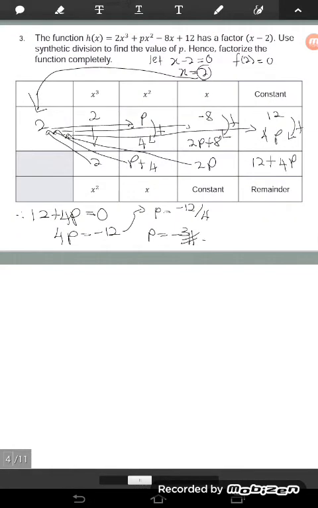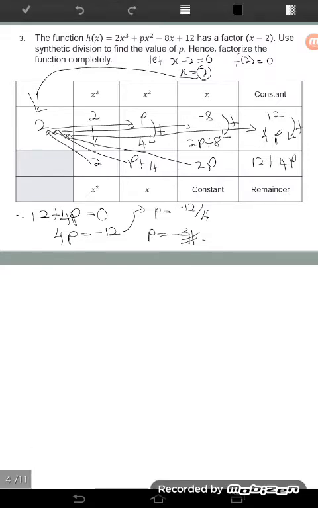Okay. And then hence factorize the function completely. Factorize the function fully. So next we write down hx. Hx is equal to the divisor, which is x minus 2, and then the quotient, which is 2x square plus p plus 4, p is negative 3.